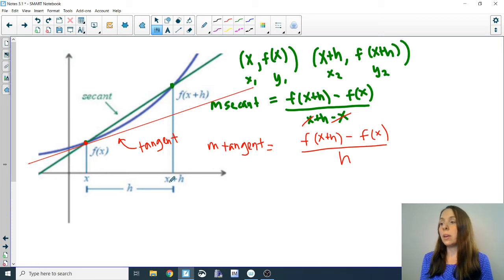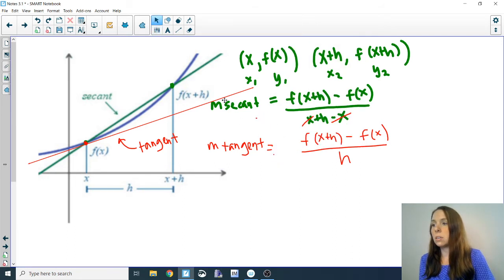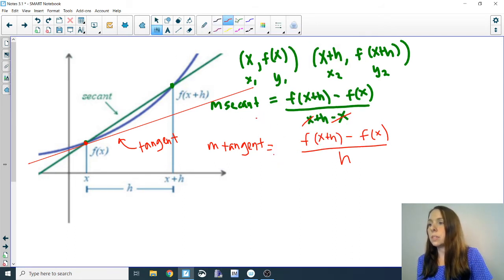It says, all right, you can't really use the slope formula for just 1 point, but we can get as close to doing that as possible by making this distance between the 2 points, which we call h, go to 0. If you make h go to 0, and, you can't really do that. Ugh. Sorry, I clicked a button.